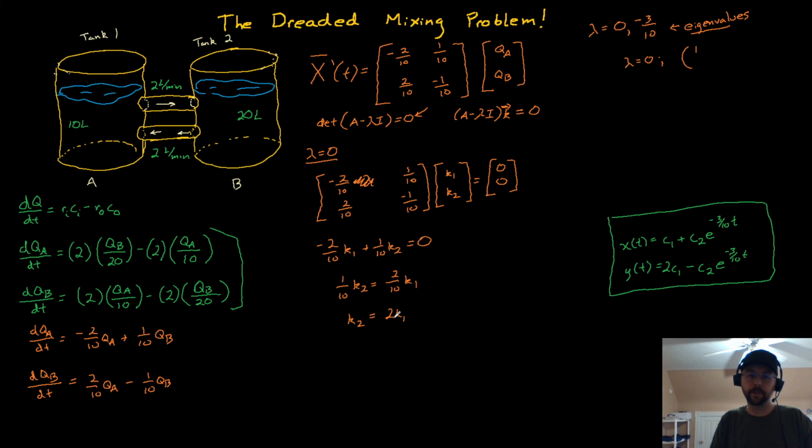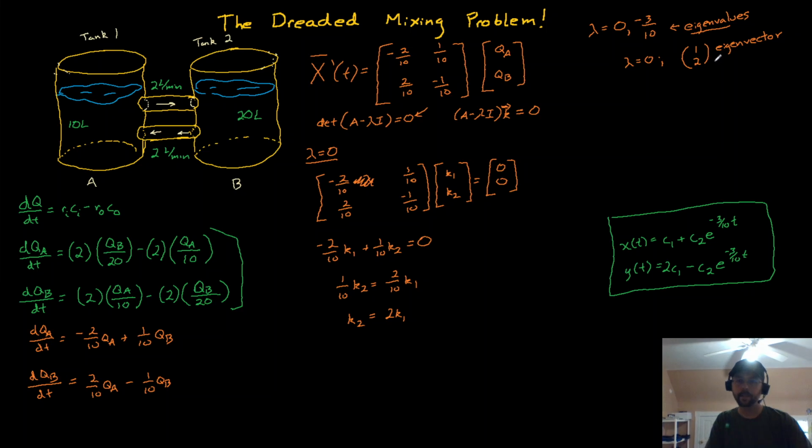When we plug in a 1 for k1, we get a 2 for k2, because 1 times 2 is 2. k2 equals 2 is what we're left with. This is our eigenvector, the eigenvector that goes with this eigenvalue.